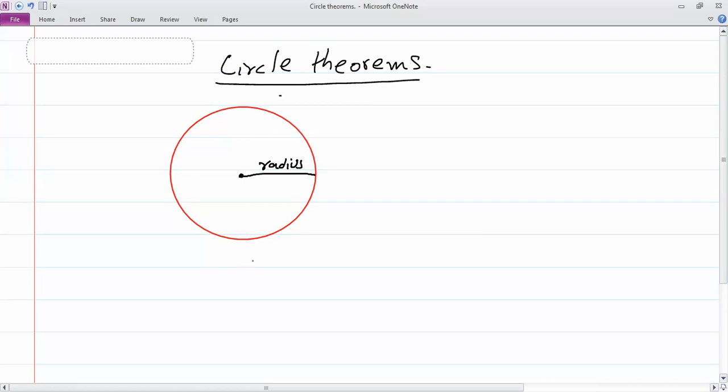The outer boundary of the circle, we call it circumference. Okay.